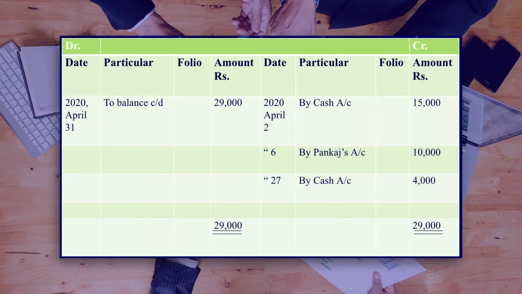So, here you see that we have used the word to, and if the total of the debit side is more than the credit side, here we use the word by balance CD. But if the total of the credit side is more than the debit side, then we will use the word to balance CD, that is to balance carried down. This is how the balance is made.